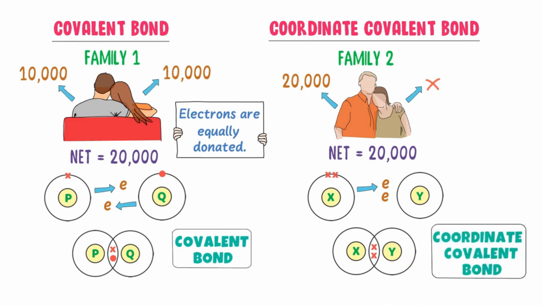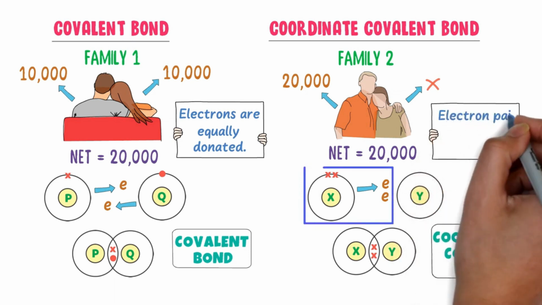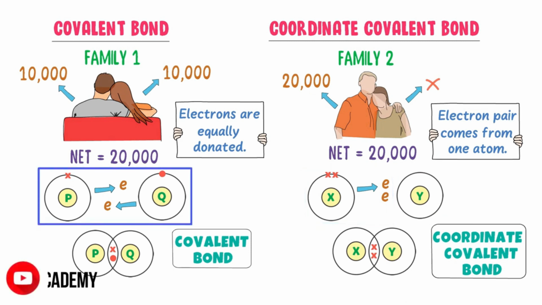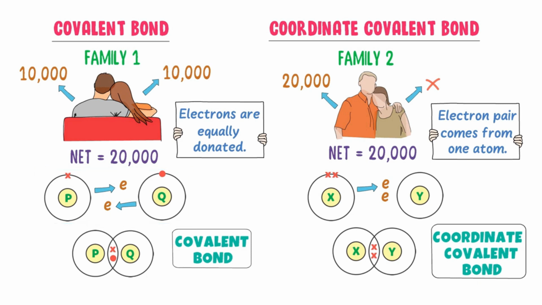In coordinate covalent bond, a pair of electrons comes from one atom and the other atom just shares that pair of electrons. While in the covalent bond, the shared pair of electrons comes from both the atoms, from atom P and from atom Q. So this is the main difference between covalent bond and coordinate covalent bond.